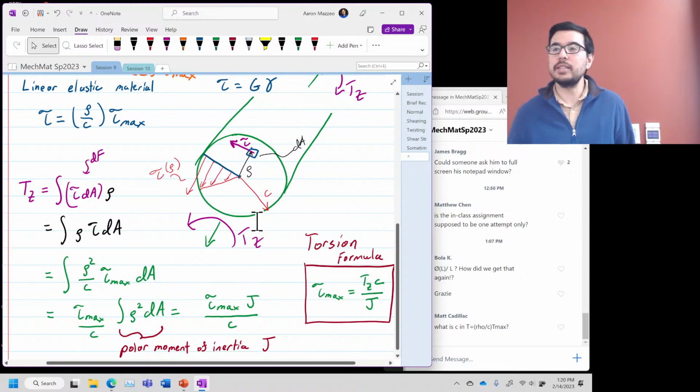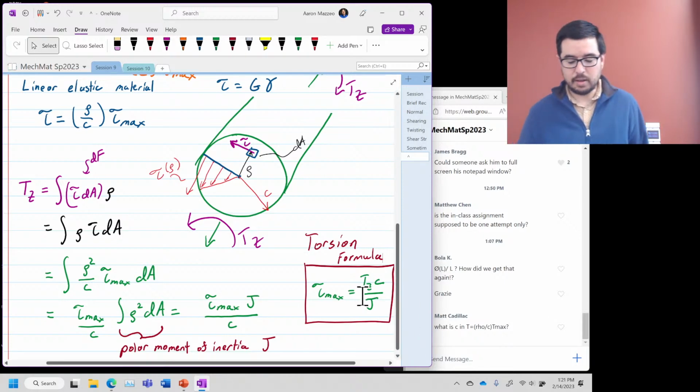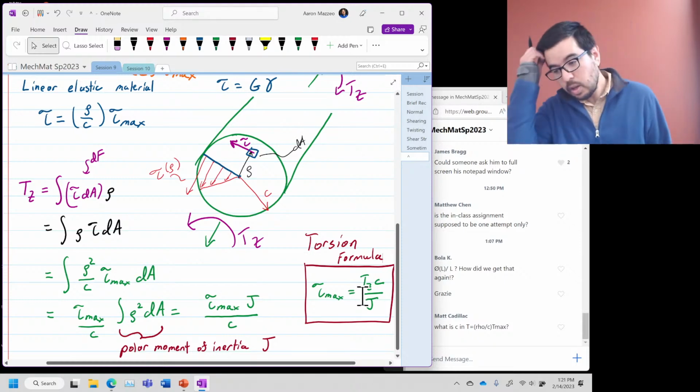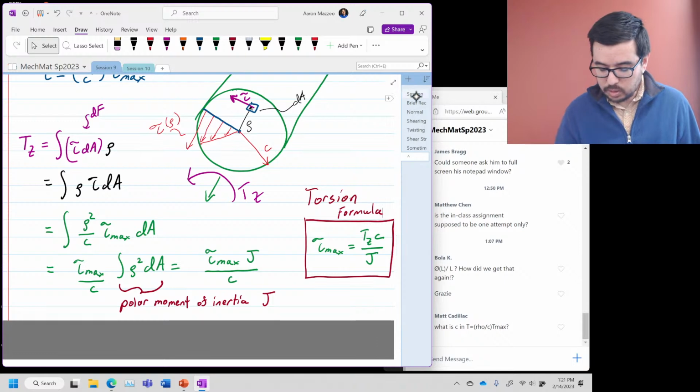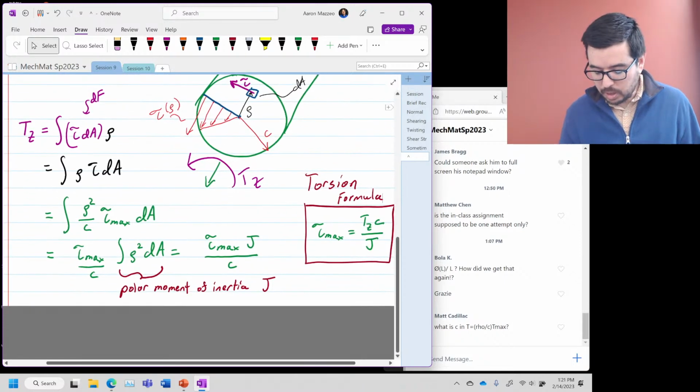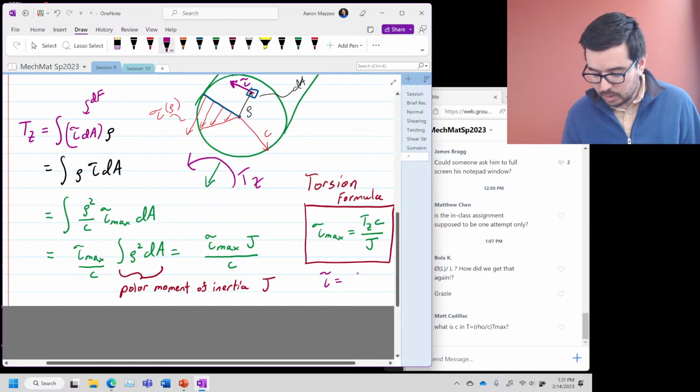So our friends down at TC&J have a leg up on us in terms of how to remember this. It's TC over J is equal to tau max. Or another way to write this, if you don't necessarily want the max, you can also write that just tau is equal to T rho over J.